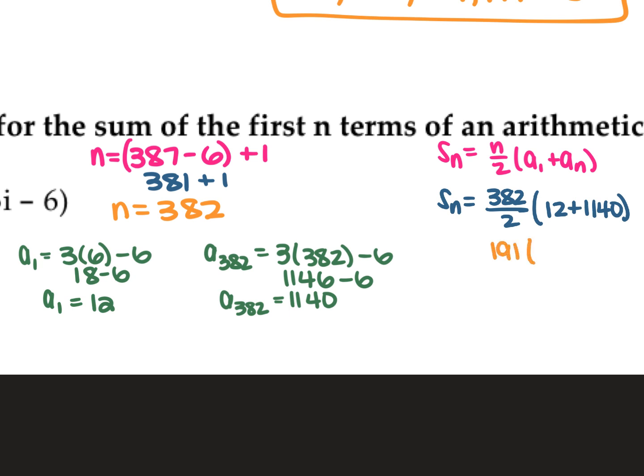The 12 plus 1140 is 1152. If you multiply both of these together, you are left with 220,032.